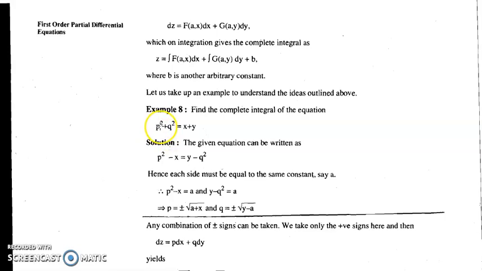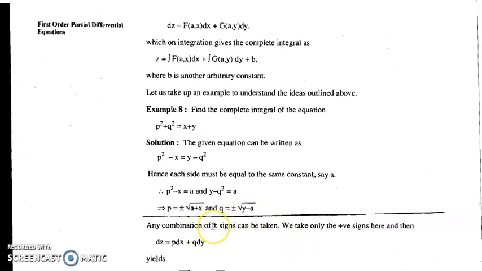You can write it as p square minus x equal to y minus q square. So it can be reduced to the separable form. Now substitute: f of x, p equal to a, and g of y, q equal to a. So the first equation gives p square equal to a plus x, and q square equal to y minus a. So p will be plus or minus root of a plus x, and q will be plus or minus root of y minus a.